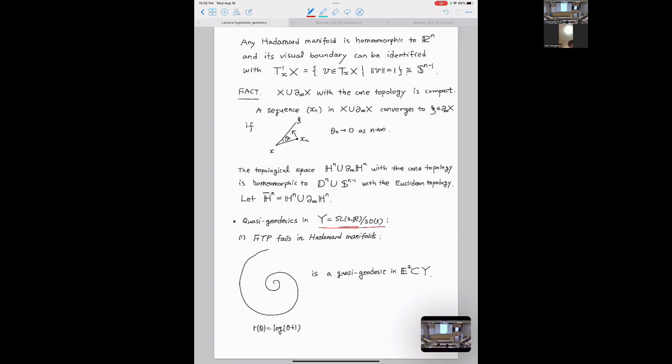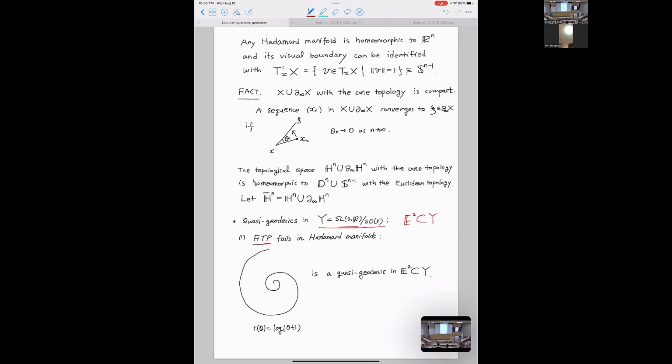So Y is a Hadamard manifold, and a two-dimensional Euclidean space is embedded in Y. So E2 is contained in Y as a totally geodesic subspace. Then the Fallot-Treiber property fails in Hadamard manifolds.